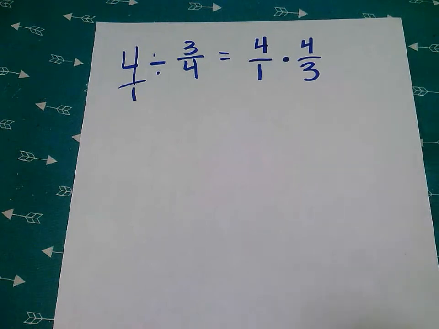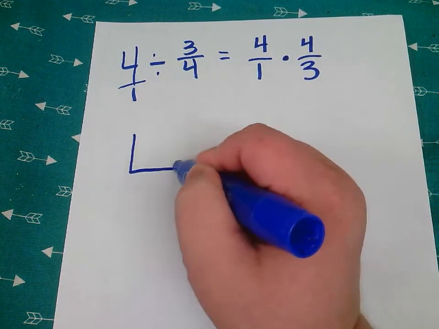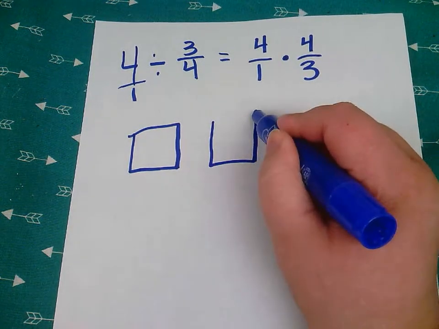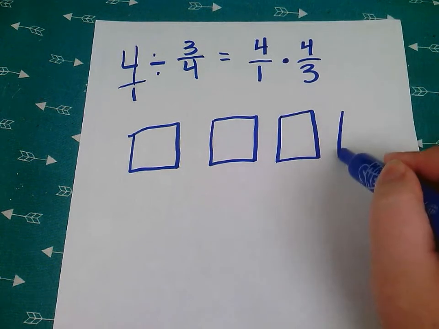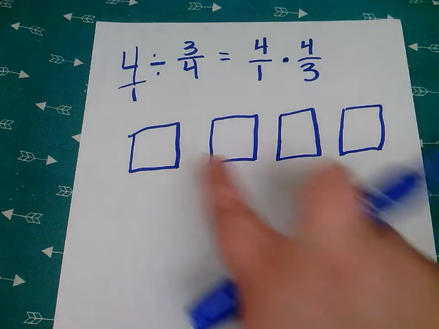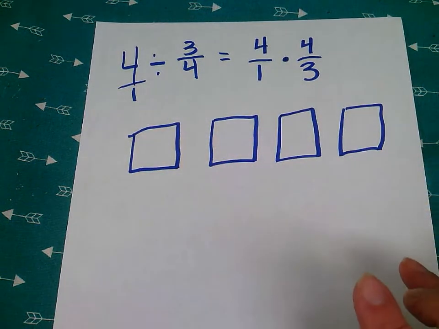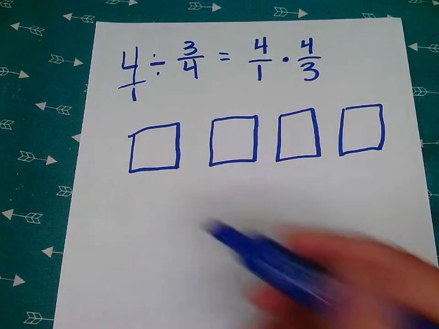Now, to model this, I start off with 4 pieces. So here's 1, 2, 3, 4. Now if you notice, they're all separate because it's 4 whole pieces. Well, then they say break them up into 3/4.